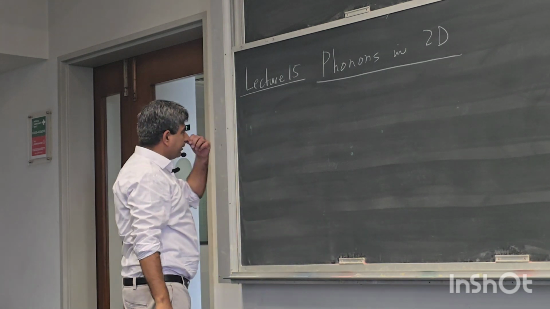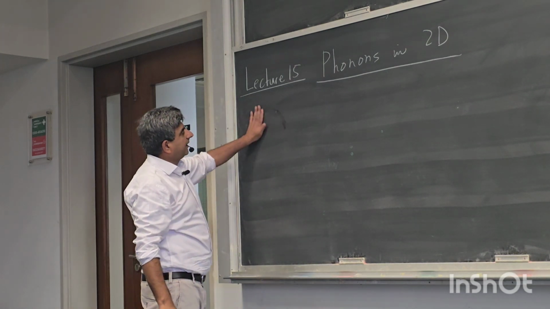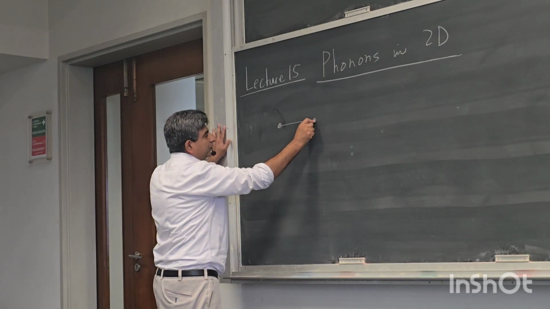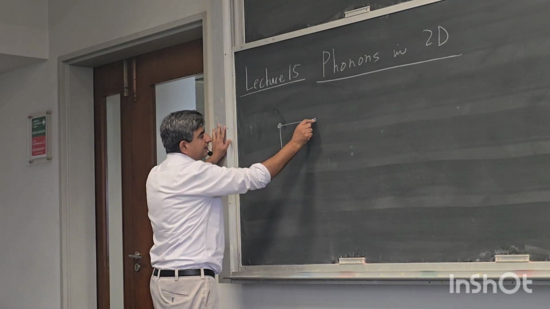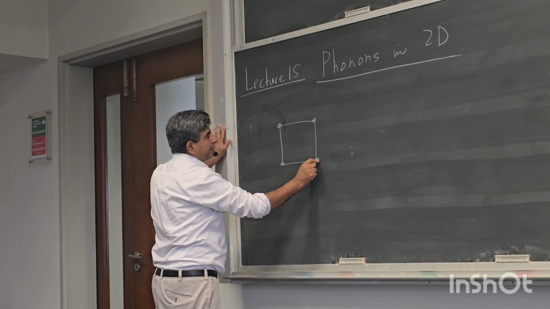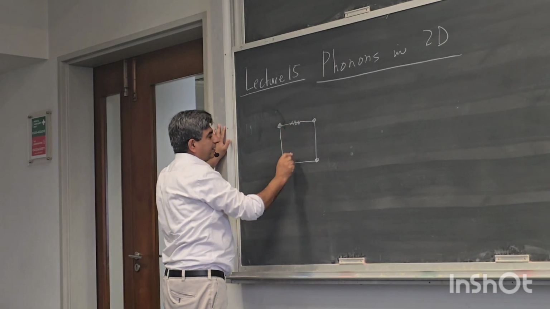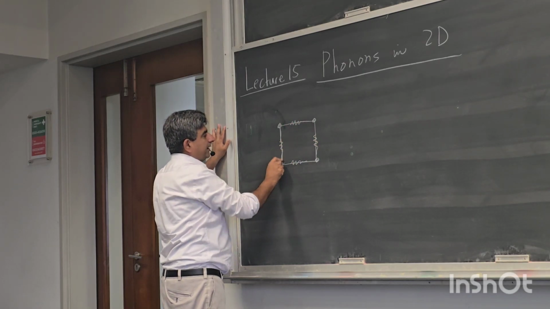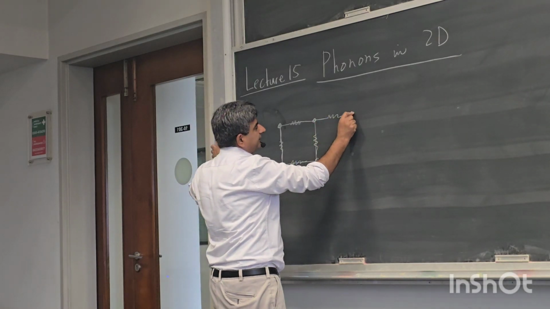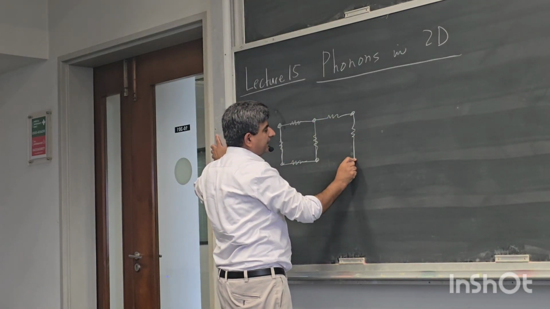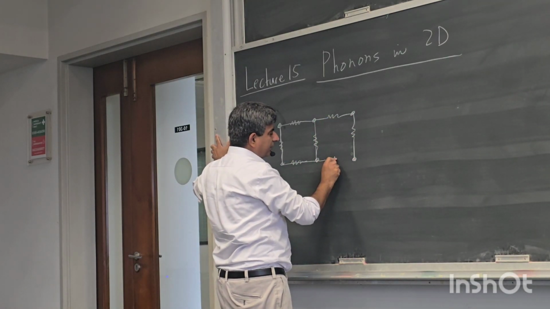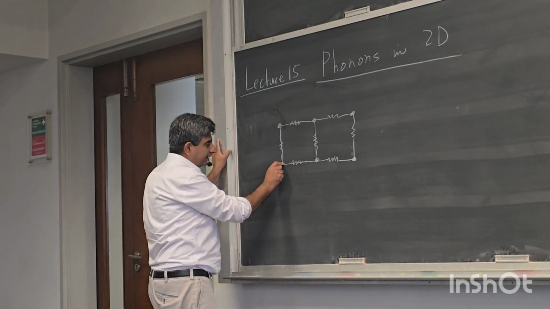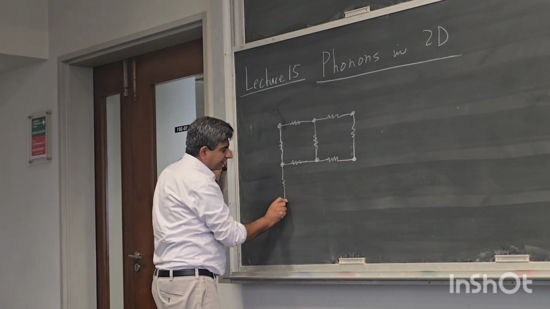So the model that we have is that a 2-dimensional structure exists, and we suppose that it's a square lattice. And there are phonons existing inside this 2-dimensional lattice. Phonons, as you know, are collective oscillations inside the crystal.